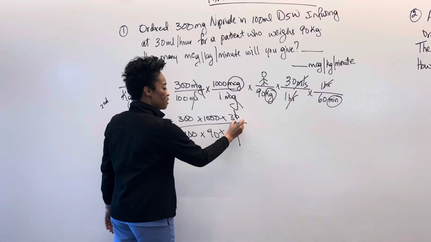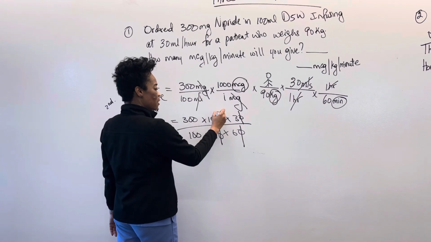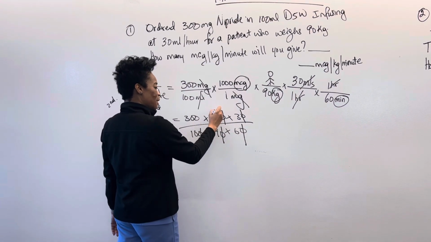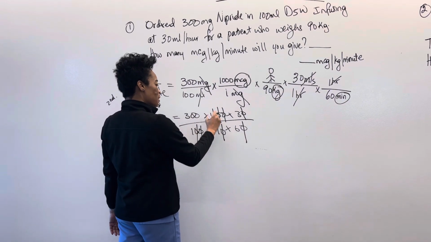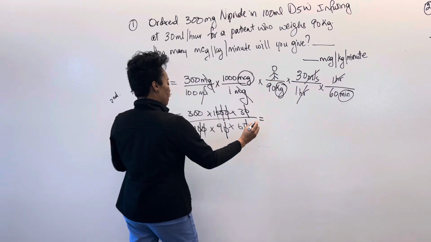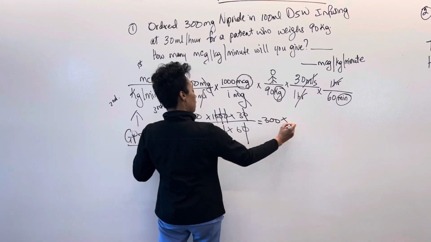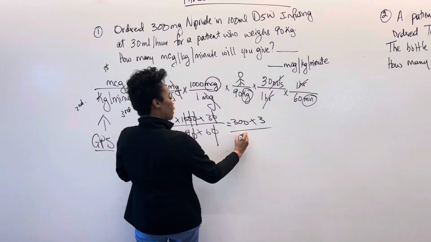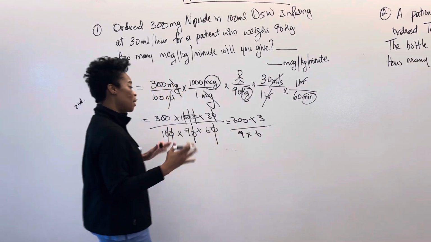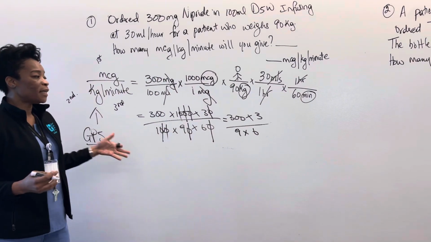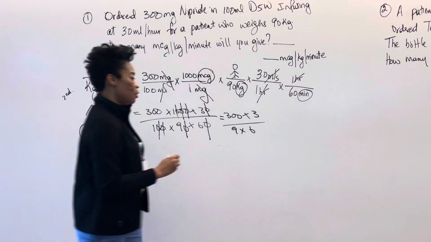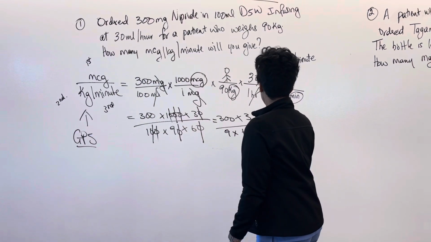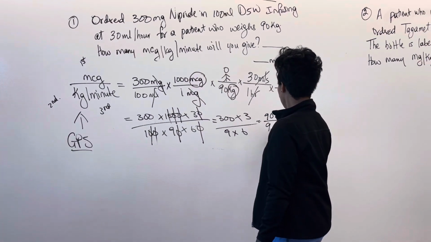Now I end up with 300 times 3 divided by 9 times 6, a much smaller number that your calculator can handle. So that is equal to 900 divided by 9 times 6.